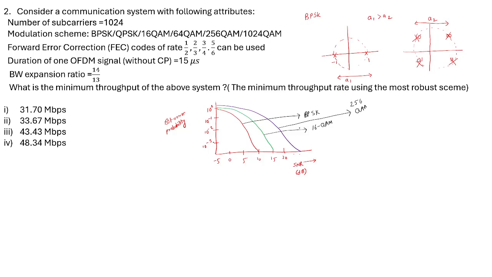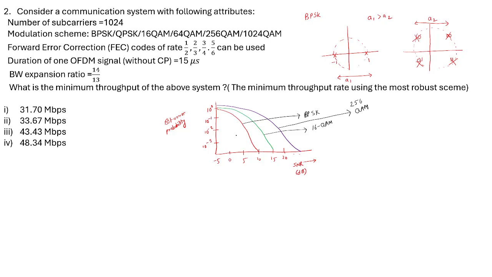So for any particular SNR point you choose, that represents a vertical line, your BPSK is going to have the lowest bit error probability, simply because it has the maximum difference between the symbols in the constellation. That gives your decoder the best margin, or the best probability, to correctly decode your data. Whereas as you move towards higher and higher modulation schemes, incorporating a higher number of symbols in the same space, the mutual difference between the symbols decreases.